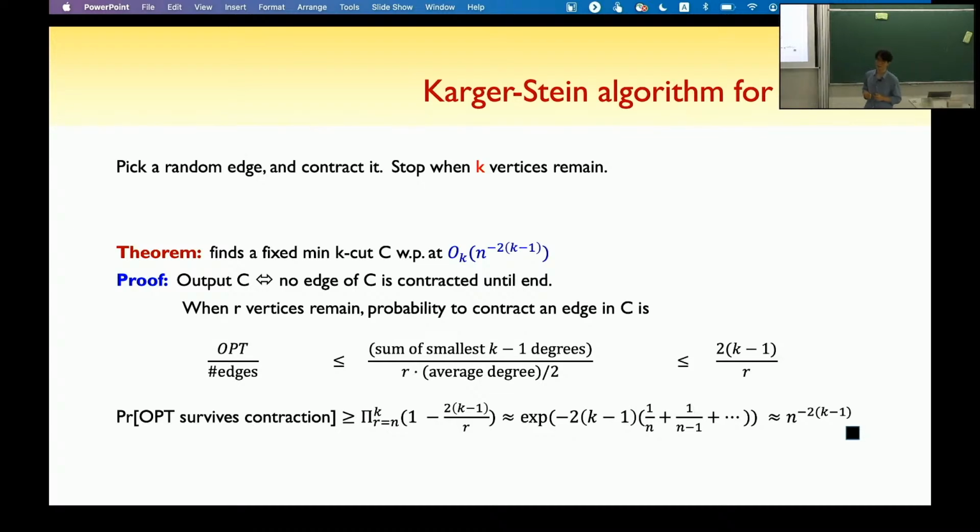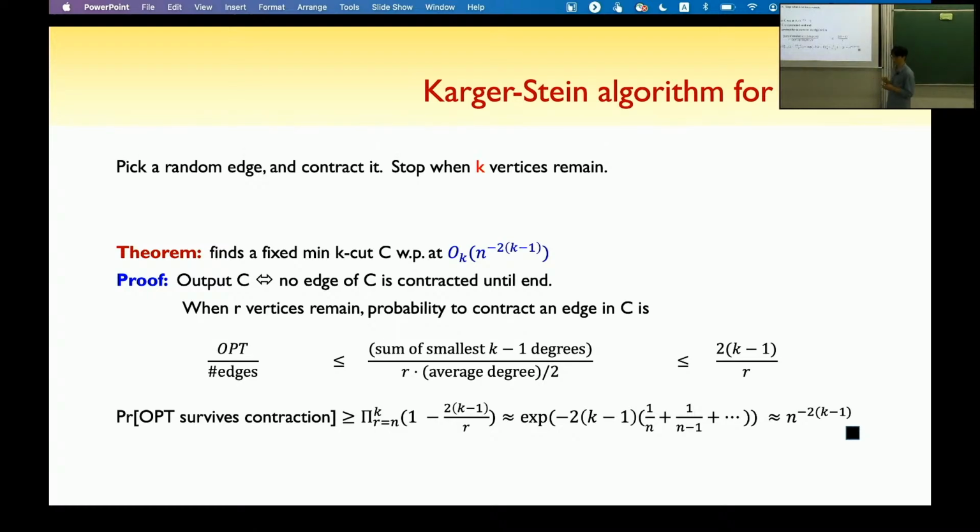So is the cut C a minimum weight k-cut or a cardinality-wise optimal k-cut? Oh yeah, it's going to be minimum weight, but in this talk we're going to assume that graphs are unweighted. It works for weighted too. Then the opt becomes the weight, and the denominator becomes weights.